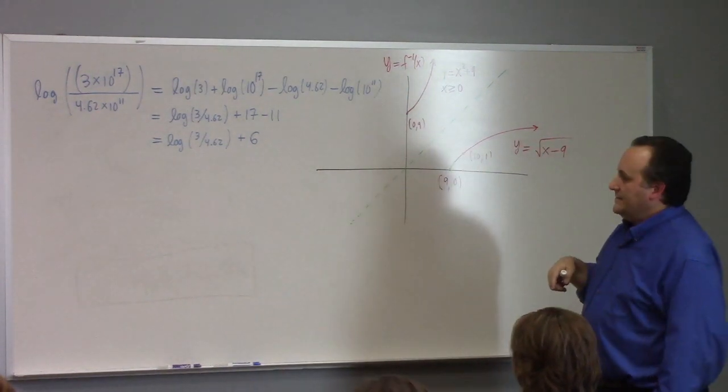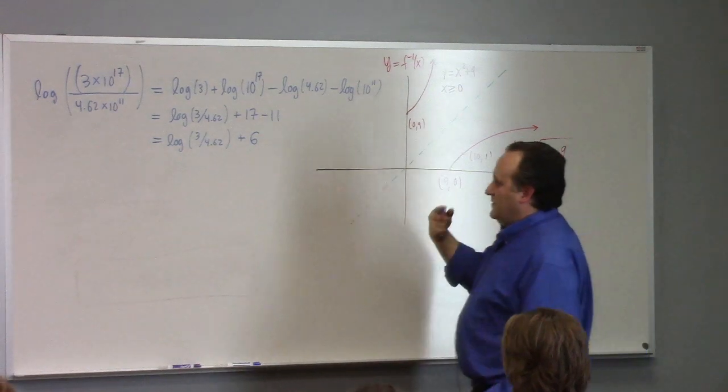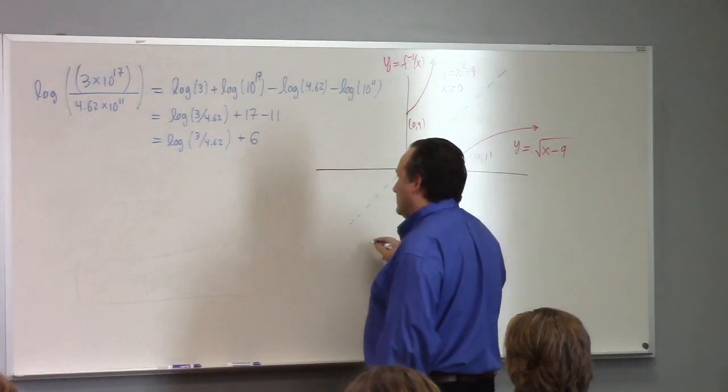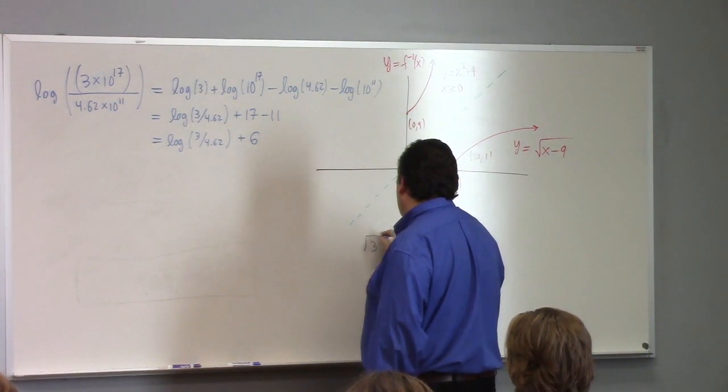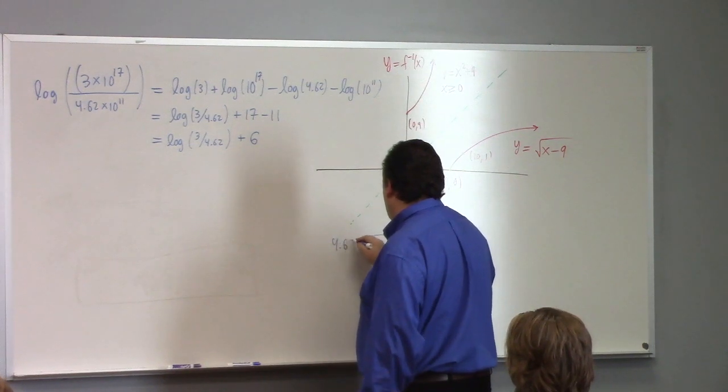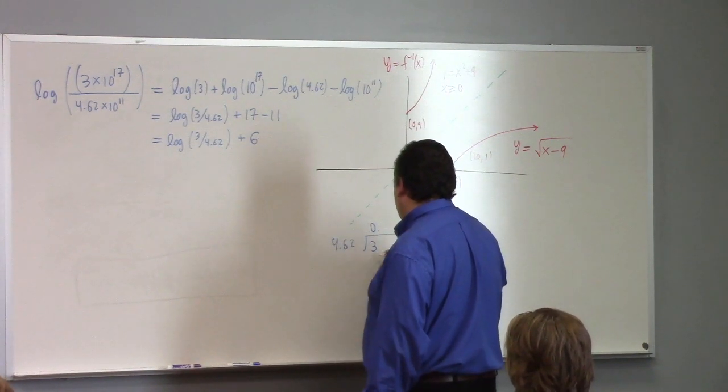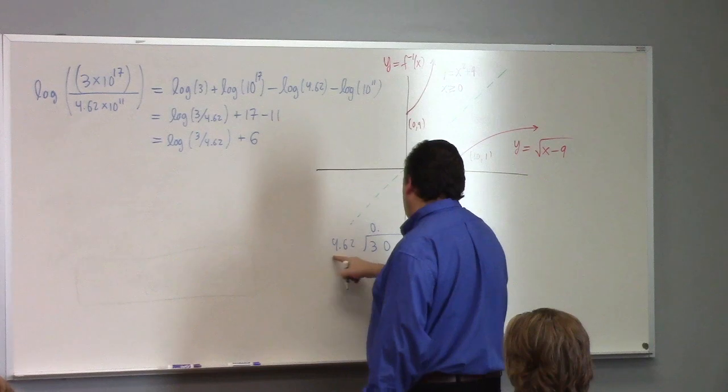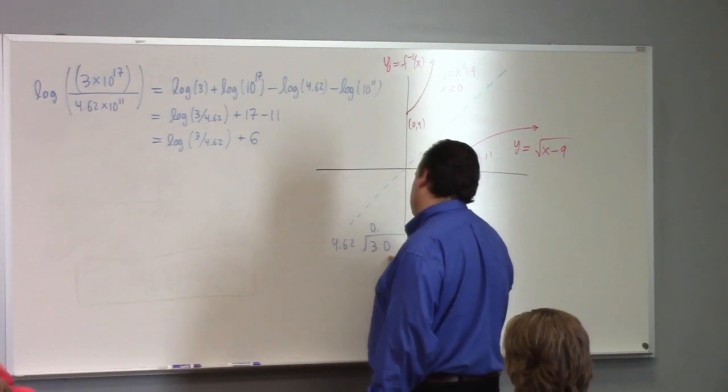But anyway, the point is you could calculate what's 3 over 4.62, right? That's pretty good. 0 point, I don't know, what is it?